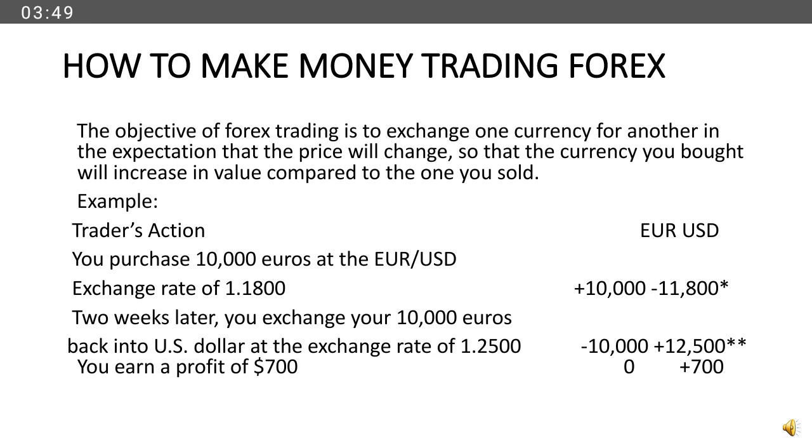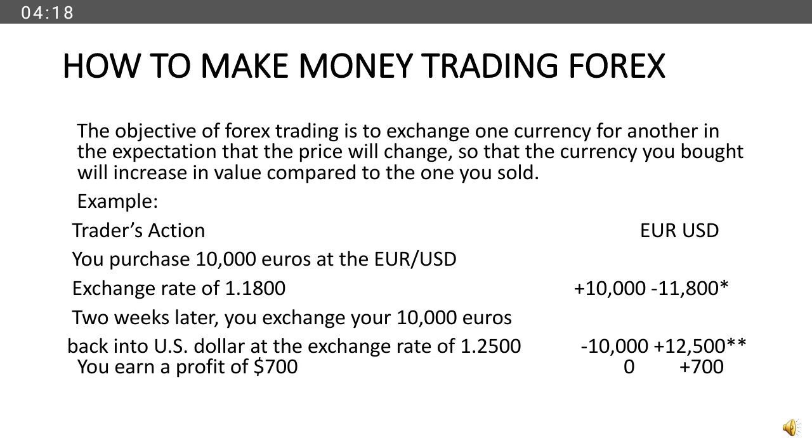When you bought, it was 1.1800, but now it's 1.2500, meaning you have made profit. So by the time you multiply it with 10,000 euros, you get 12,500. The difference between 12,500 and 11,800 is what? 700.